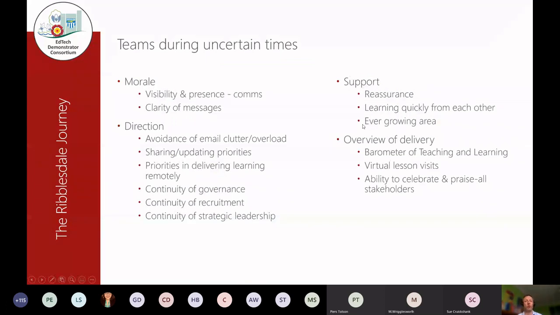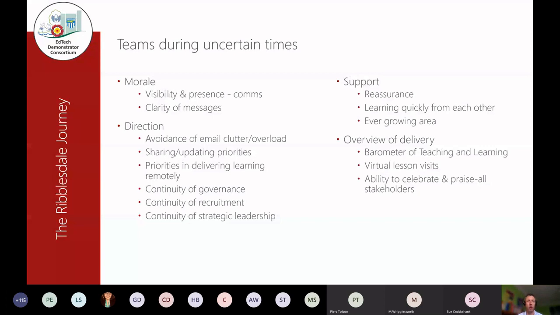So just to bring it all together, I'm not going to talk through this last slide, but I think Teams has got a very important part to play during these uncertain times. On that screen now you can read through all the different things that Teams has allowed our school to carry on with in a relatively normal way, ranging from sharing and updating priorities, and communication, as we know, is key.